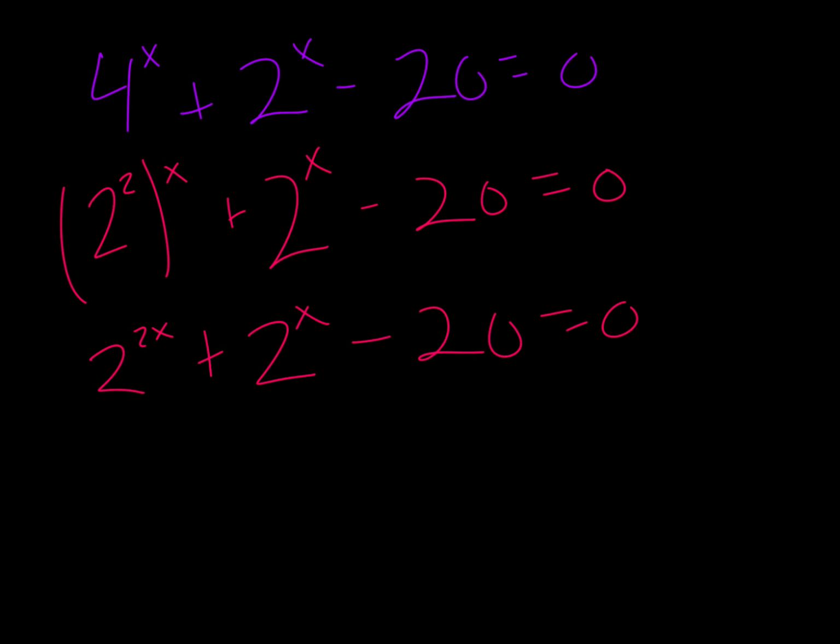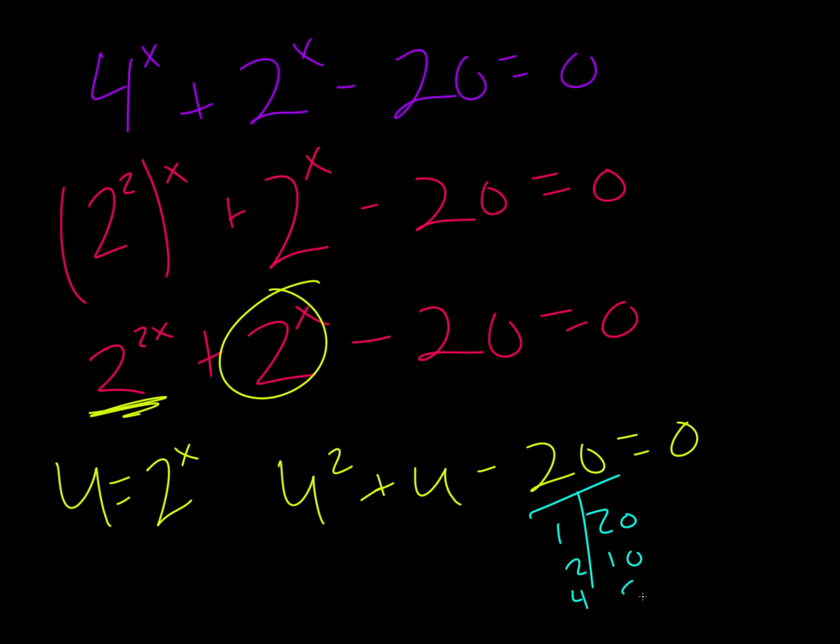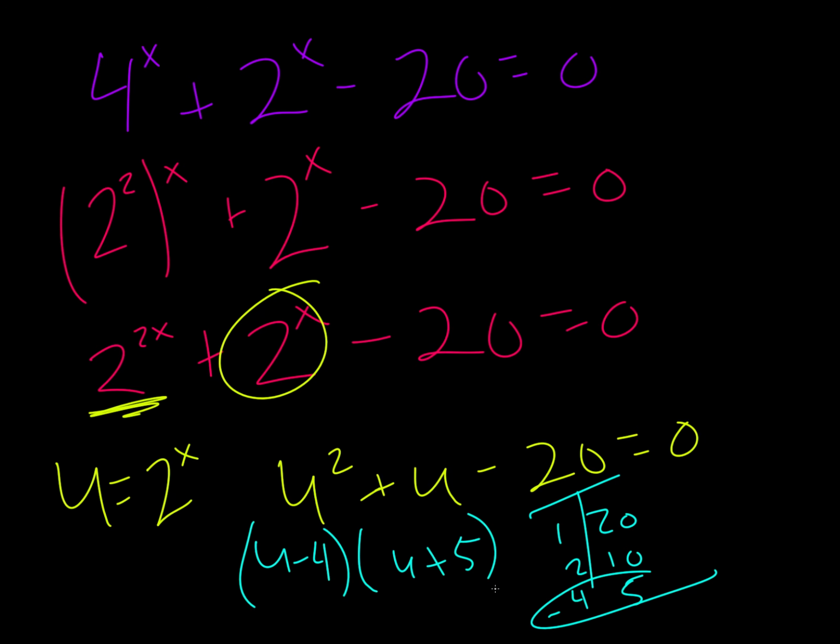We're going to use u substitution like we did in a previous video. So u is equal to 2 to the x, this piece. And so that would be u squared, this one, plus u minus 20. We can use t factoring, I think. Let's try it. Okay, 4 and 5 works if we do a negative 4. So u minus 4, u plus 5.